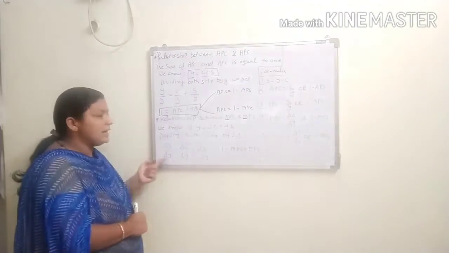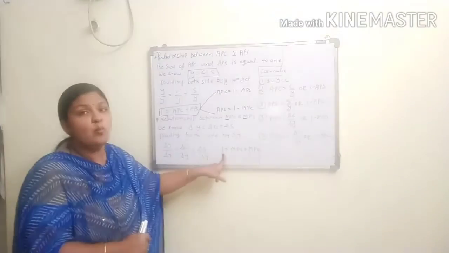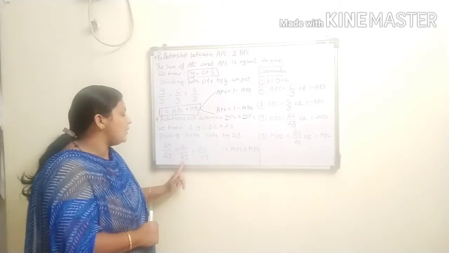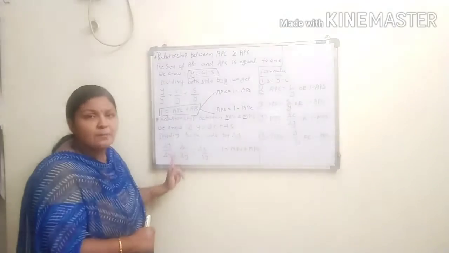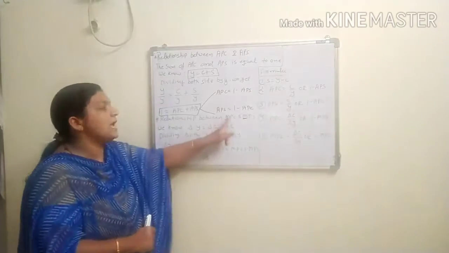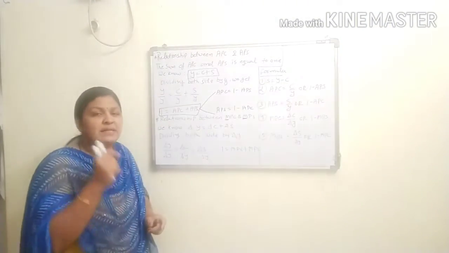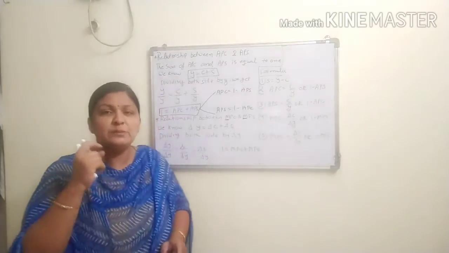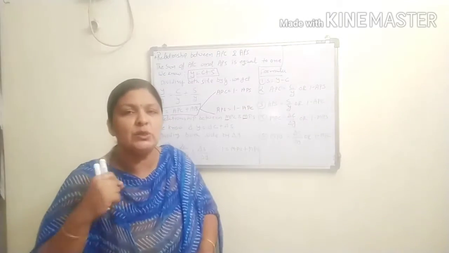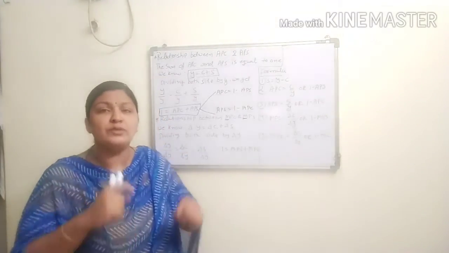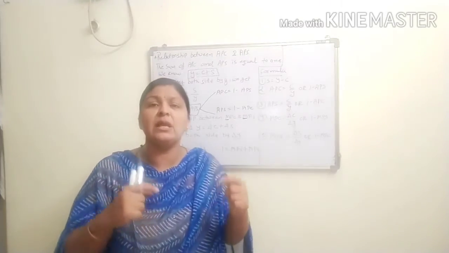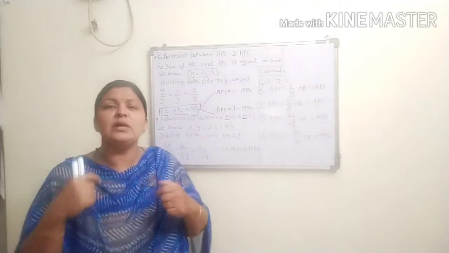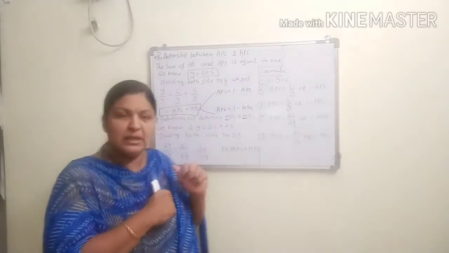First, delta Y cancels and it becomes 1. Now delta C upon delta Y is the MPC formula. MPC equals delta C upon delta Y, marginal propensity to consume, the ratio of change in consumption expenditure compared to the change in income. Clear?